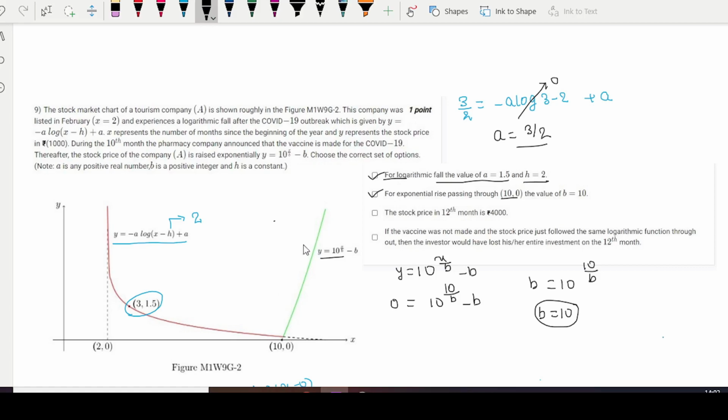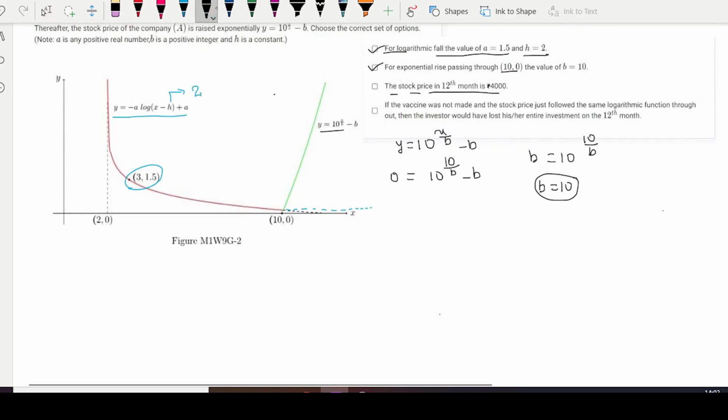Now moving to the third one. The stock price in the 12th month is rupees 4,000. So after October onwards, the price of the share varies as y is equal to 10 to the power x divided by b minus b.